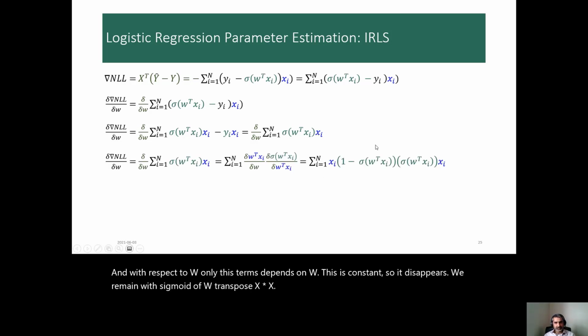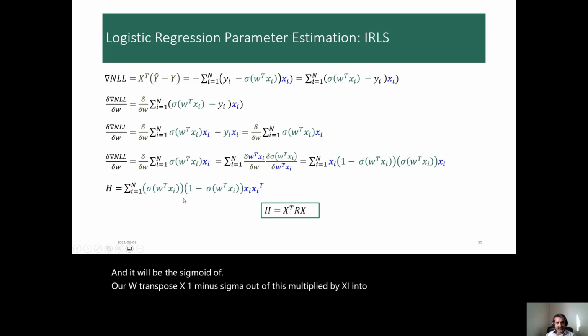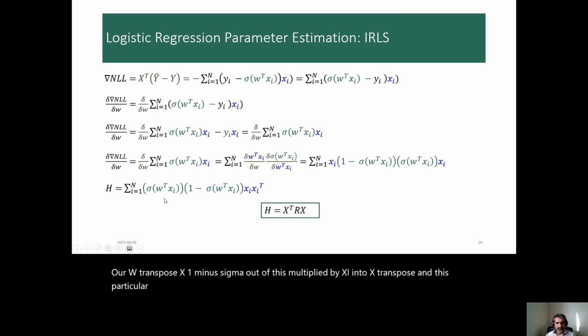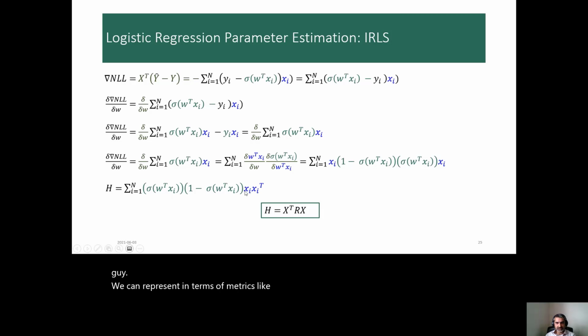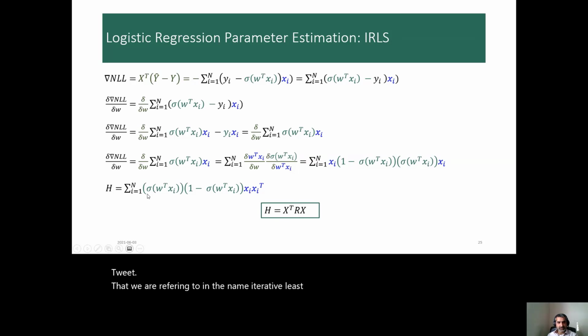So we reached here, and H will be the sigmoid of our W transpose X, times 1 minus the sigmoid of this, multiplied by Xi into X transpose. And this particular term we can represent in terms of matrix like this: X transpose for this blue term. R is the weight that we are referring to in the name, iterative reweighted least squares.